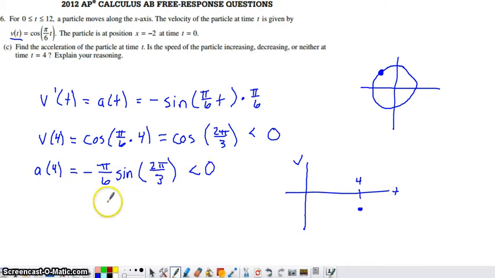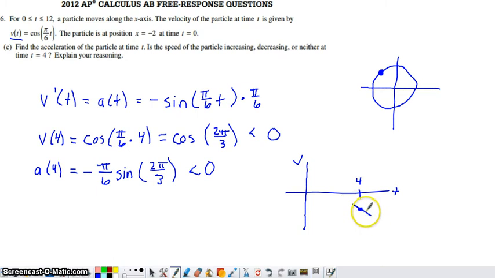And because our acceleration is also negative, and acceleration is the derivative of velocity, our velocity graph is going to be looking like this near the t value of 4. The reason we know it's going downward like this is because the derivative of velocity, acceleration, is negative there. Graphically, that corresponds to the slope of the tangent line. So we need a negative slope for our tangent line, and a negative value for our velocity.